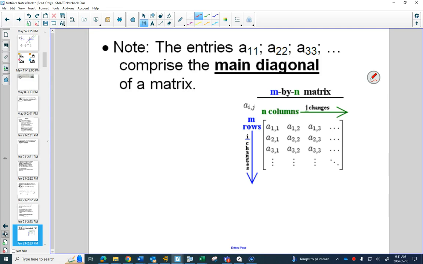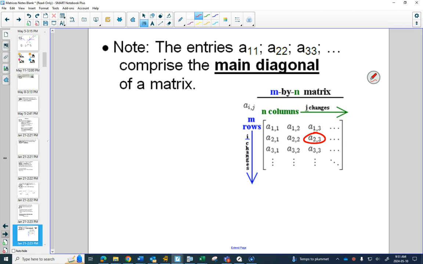So this would be matrix A, it's an M by N. You would have A11 because this element is in row 1, column 1. This would be A12, row 1, column 2. A13 because it's in row 1, column 3. This one right here is in row 2, column 3, so we would call that element A23.